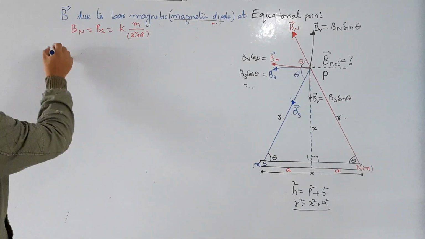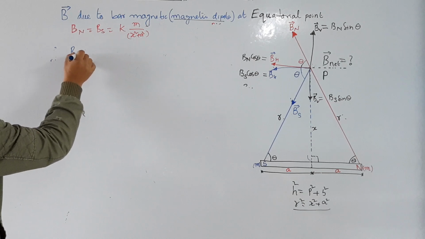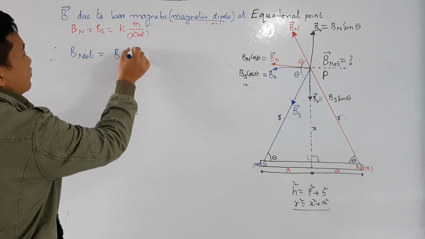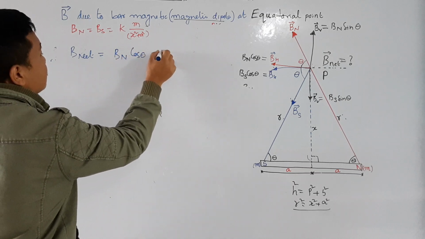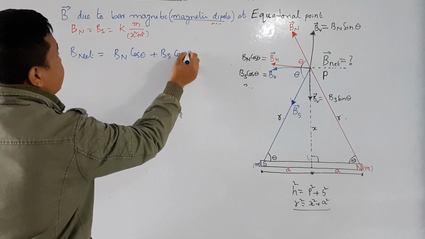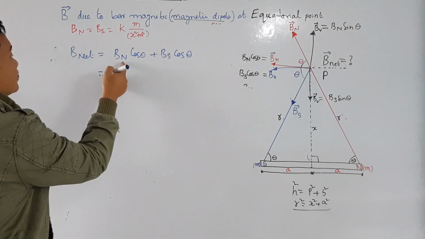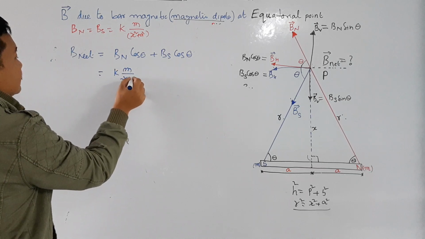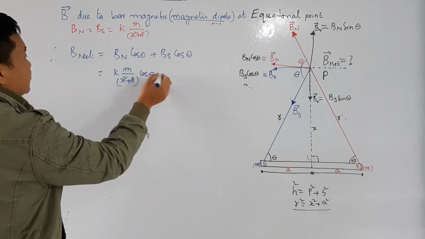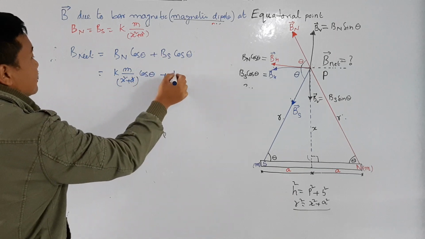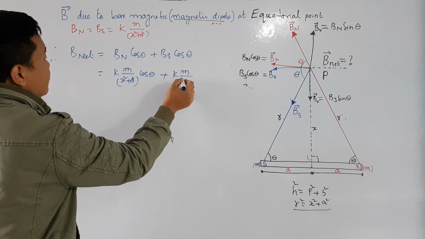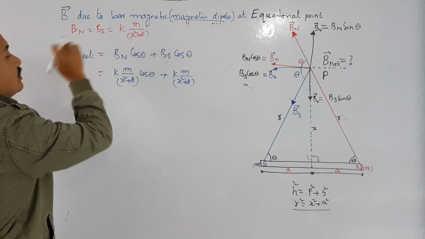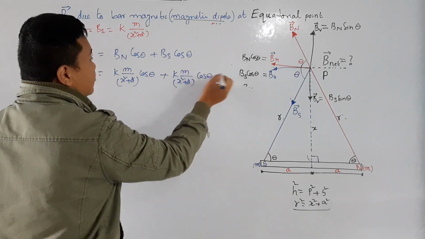So therefore B net is equal to Bn cos theta plus Bs cos theta, and this is equal to, how much is Bn? This is km by x square plus a square cos theta plus what is Bs? Again same, km divided by x square plus a square is also Bs, because Bs and Bn are equal, and there is cos theta.